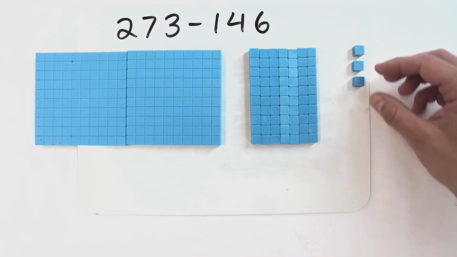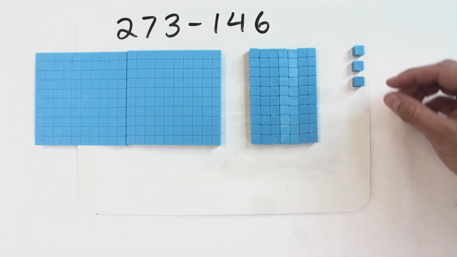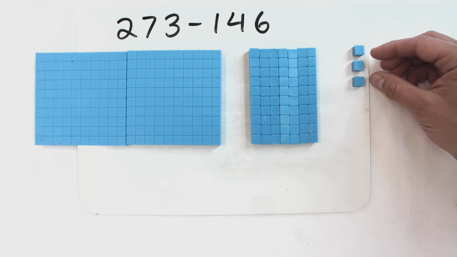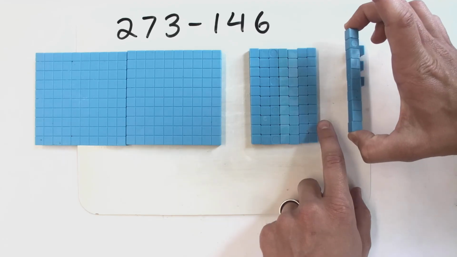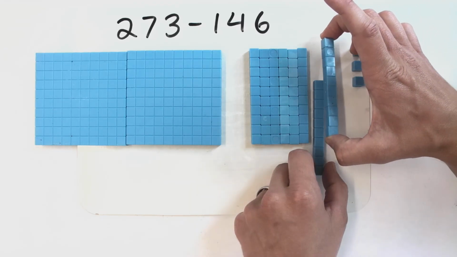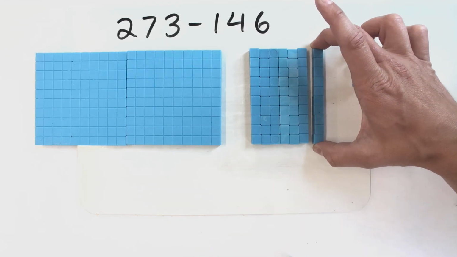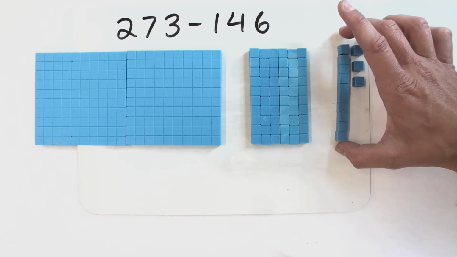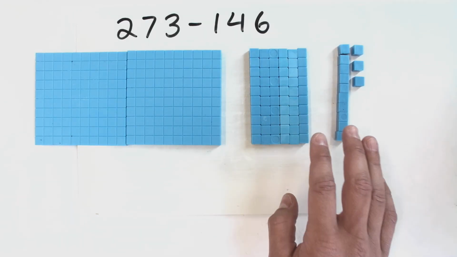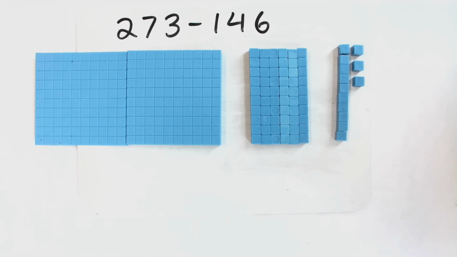So we're going to try to take away 6 ones. We only have 3 ones in our original quantity. So what we need to do here is regroup one of these 10s as 10 ones. This move is the notation that might trip some students up in the standard algorithm.